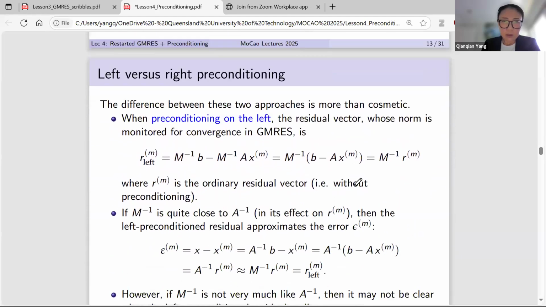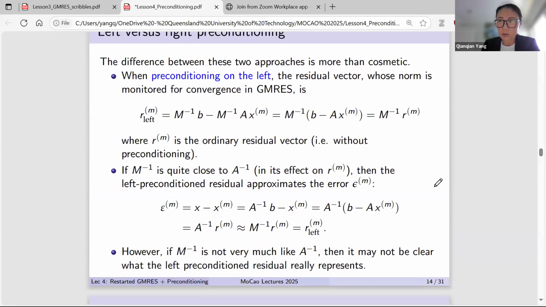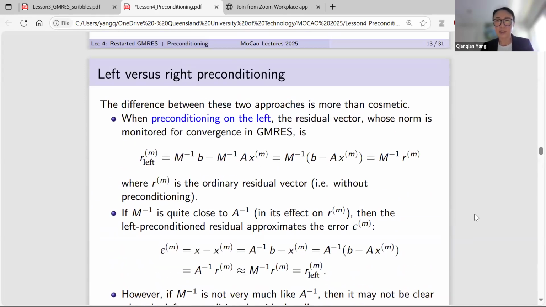All right. So now you think, that just looks the same. You multiply a matrix M inverse on the left or on the right. The difference is more than cosmetic. When we do preconditioning on the left, the residual vector whose norm is monitored for convergence in GMRES looks like this. Let me write down the preconditioned system.